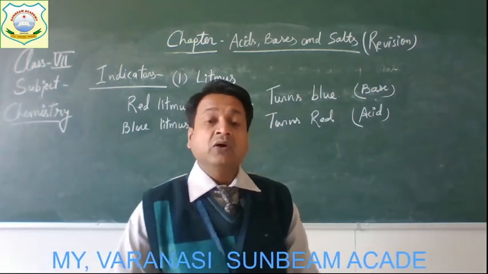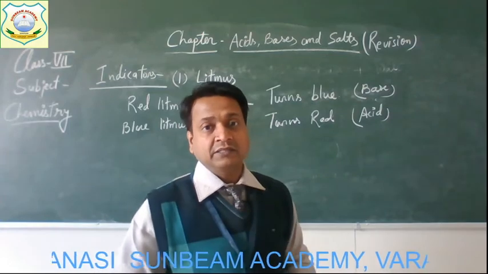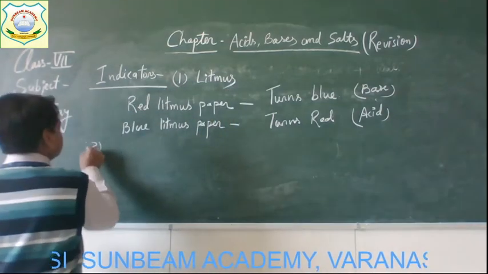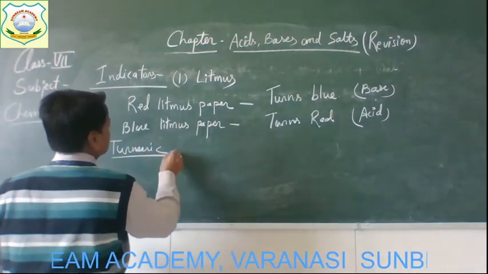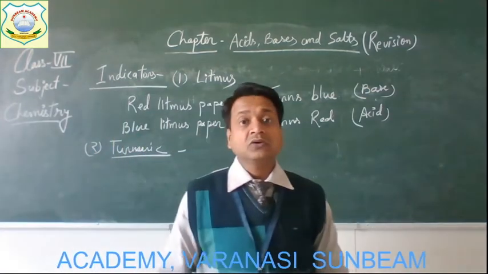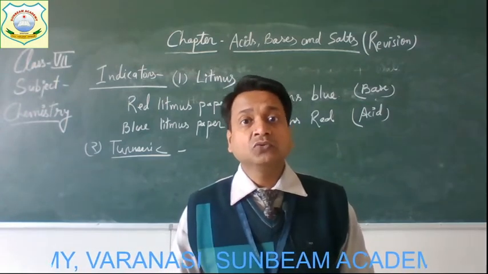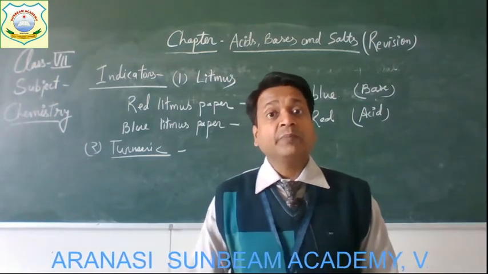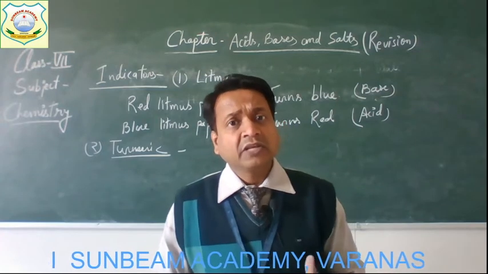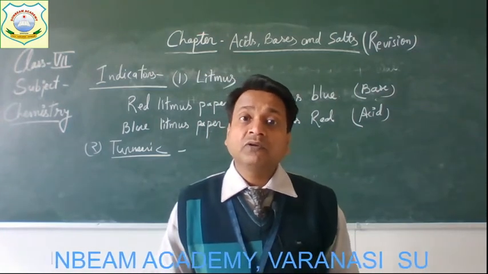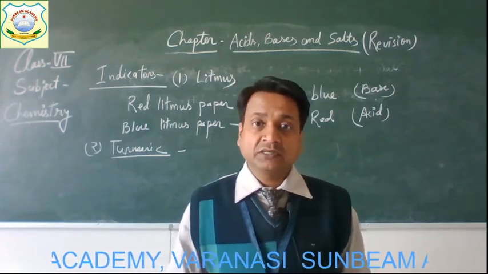All right. Now, along with this litmus, we have some more natural indicators. The second one is turmeric. It is also a kind of indicator. Children, you must have seen the turmeric powder which is used in the kitchen. You can prepare turmeric paper very easily: take a bowl, put a spoonful of turmeric powder, add some water and make a paste.